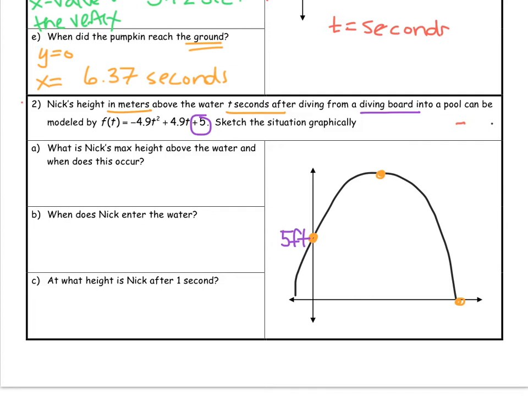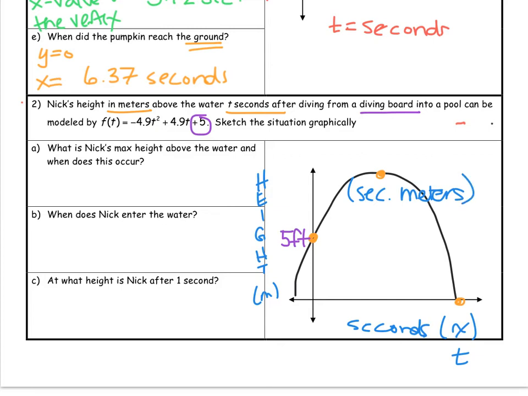We need to find the vertex. And again, the vertex is measuring time in seconds. That's what x is measuring. Here they're using t. And it's measuring the height, and I believe the height is in meters. So our vertex is measuring seconds on the x and meters on the y.